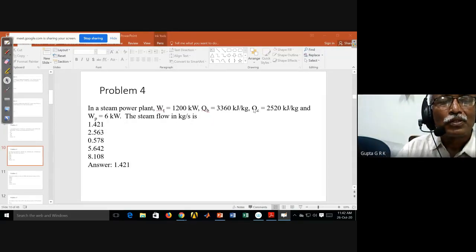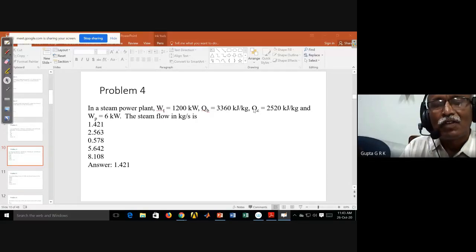Going to problem 4. In a steam power plant, turbine work, pump work, boiler heat transfer, and condenser heat transfer is given. You have to find out the steam flow. So we have to use that net work is equal to net heat transfer. Net work transfer is Wt minus Wp, and net heat transfer is 3360 minus 2520, but that is in kilojoules per kg, and this is in kilowatts.